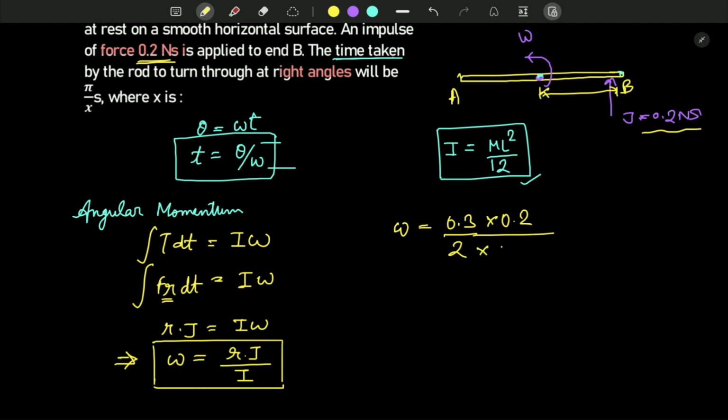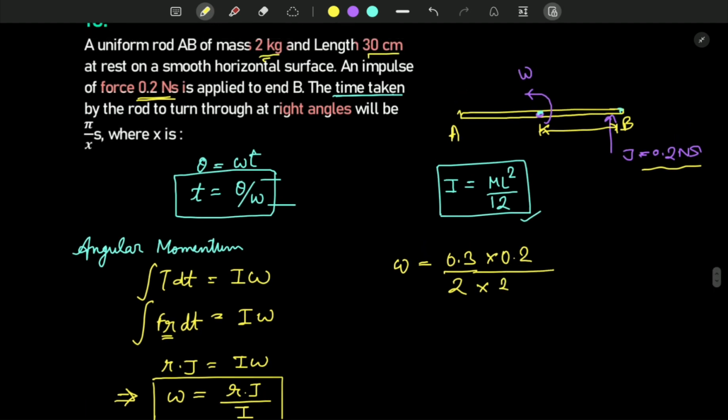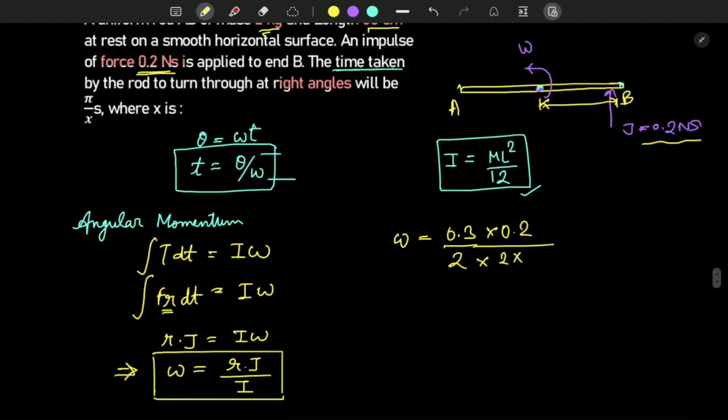M is 2 kg, L square is 0.3 into 0.3, by 12. So the 0.3 gets cancelled, the 3, 4 and 2, 4 get cancelled. So I am left with 2. So omega is equal to 2 radians per second.